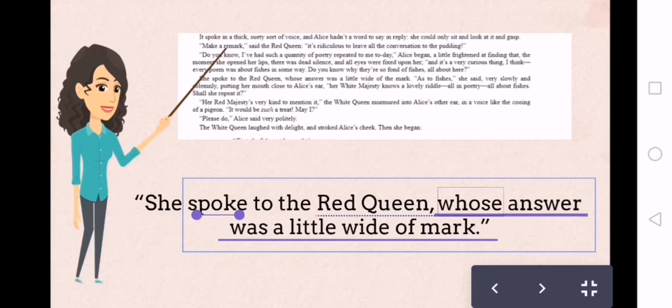And the subordinator is a relative pronoun, whose antecedent is "Red Queen." This is also a non-defining clause, because this information isn't essential, but it is there, and we can put it between commas.